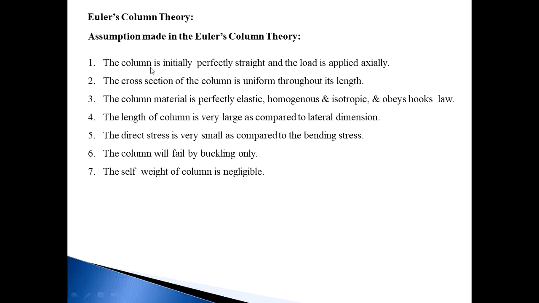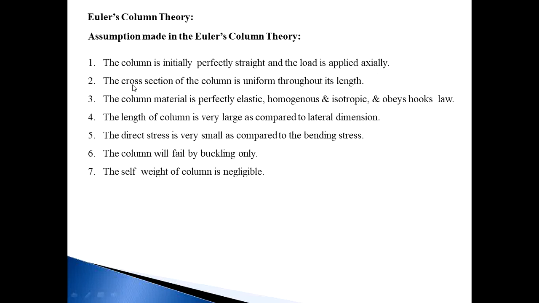The column is initially perfectly straight and the load is applied axially. This theory is applicable only when the column is perfectly straight and the load applied on that column is totally axial. Axially means the load passes through the CG of the section.